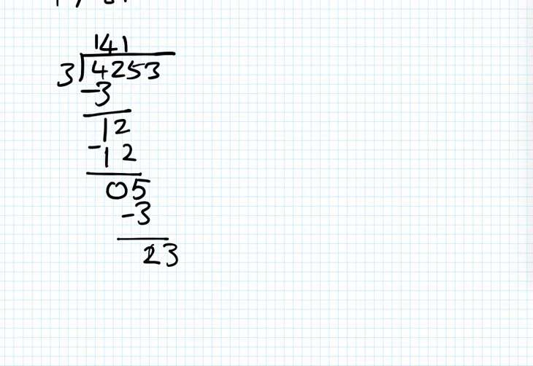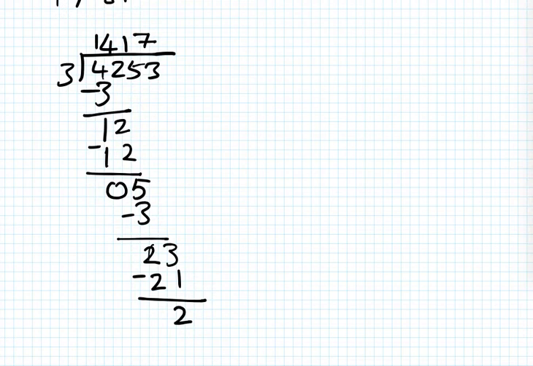So 7 times 3 is 21, and we put a 7 here. What is 23 minus 21? That's 2.